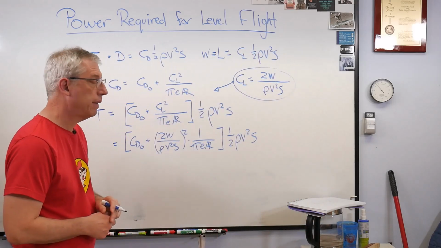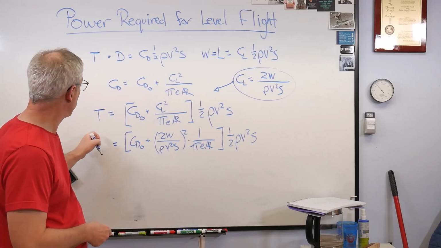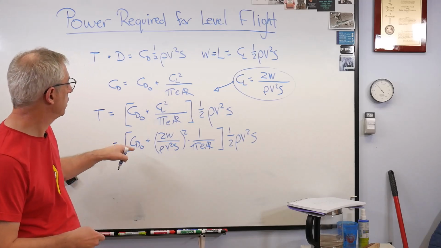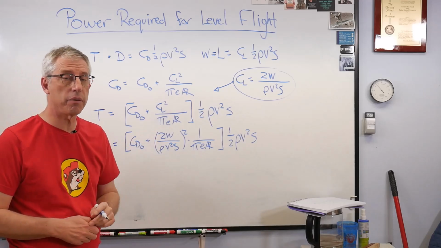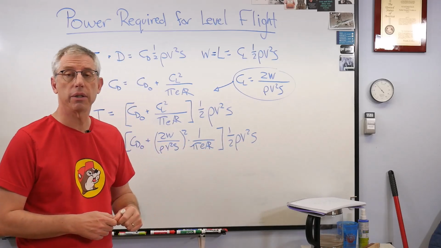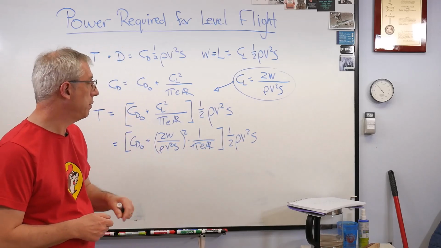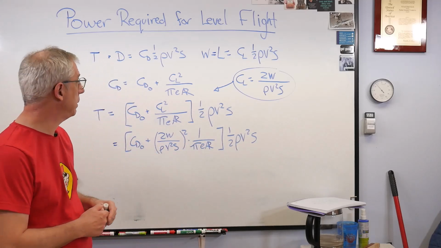There. Now I can clean this up a little bit, but now I've got an expression for the thrust that's a function of weight, velocity, area, things like that, but it's not a function of lift coefficient. So I can now plot this as a function of velocity only, because velocity is my independent variable and thrust will be my dependent variable.